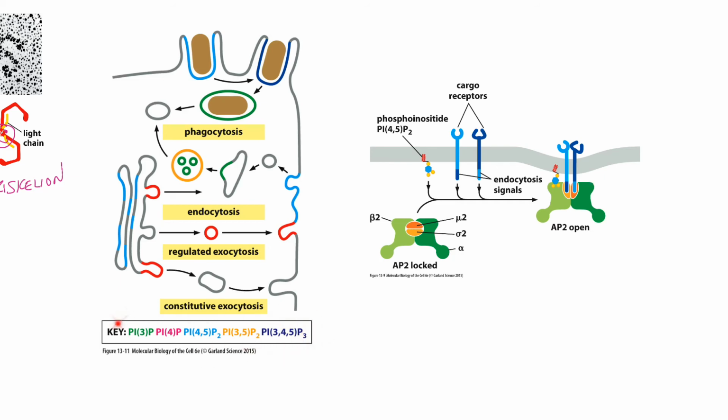So this is all related, but these are different intermediates. This is a PI3, and that would be a PI3 kinase associated concept that we'll get to eventually. But the idea is that these different forms of phosphatidylinositol serve as signals to dictate which type of vesicular trafficking occurs and where it occurs.